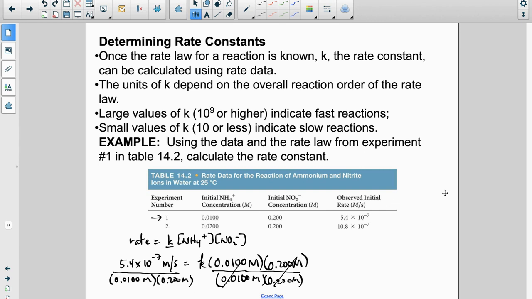Okay, so then after doing our math here, K equals 0.00027 over molarity times seconds. So there's our rate constant.